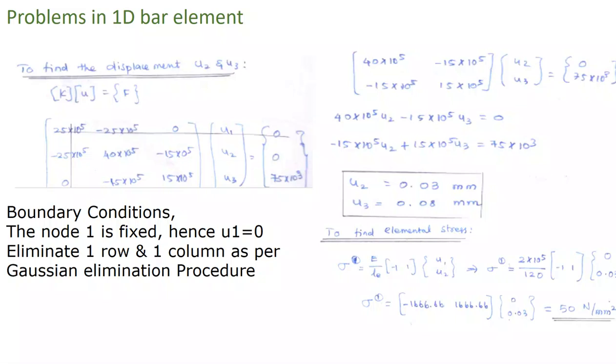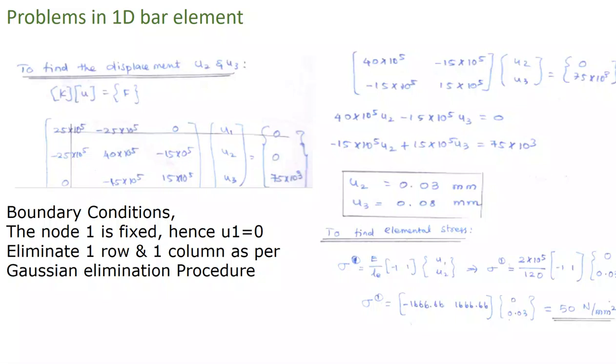Now we apply the boundary conditions. Node 1 is fixed, so u1 will be 0, and the force f2 will be 0. At node 3 the external force applied is 75 kilonewton, which is converted into newton, 75 into 10 to the power 3.